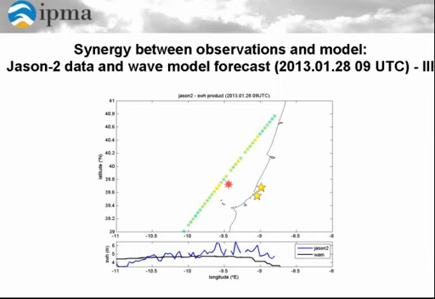All these points you've got here are spaced by 7 kilometers, which is the distance that the satellite travels in 1 second. When you get altimetry data, you have information every second.